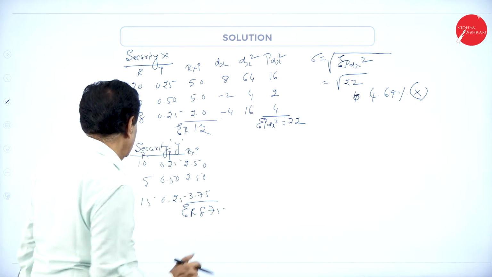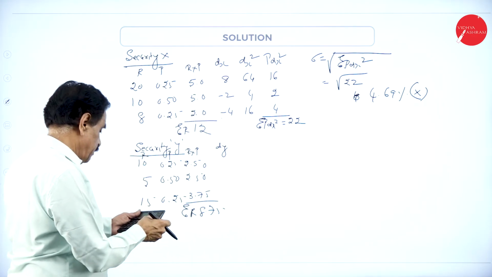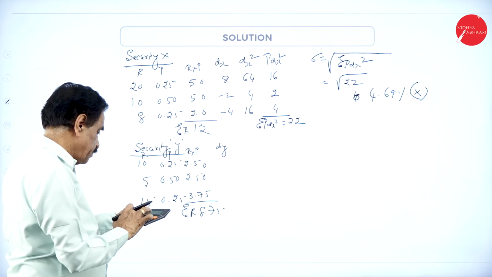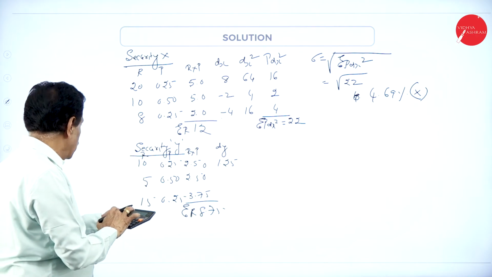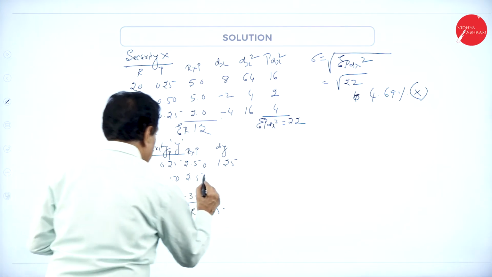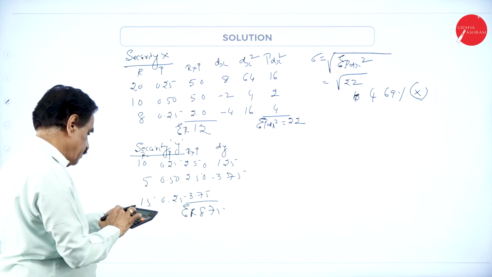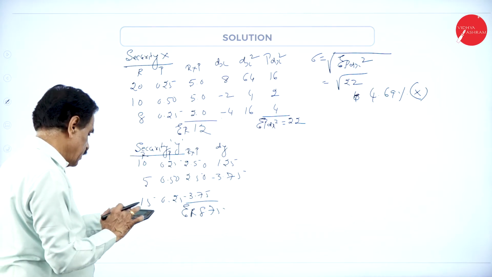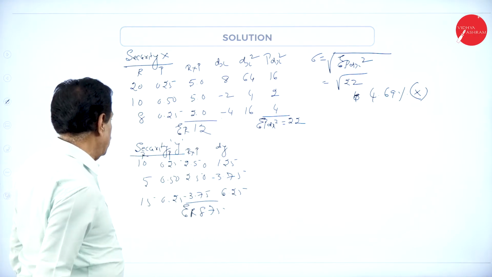Then dy, the deviation: 10 minus 8.75 is 1.25, 5 minus 8.75 is minus 3.75, 15 minus 8.75 is 6.25.